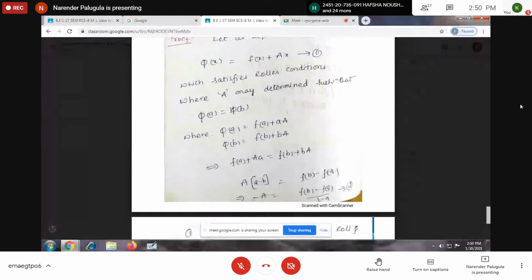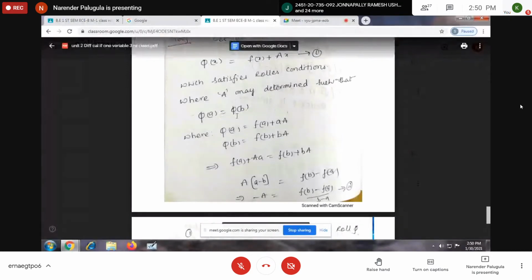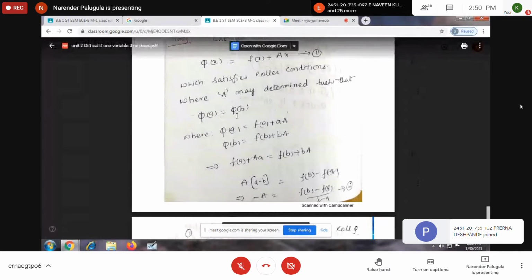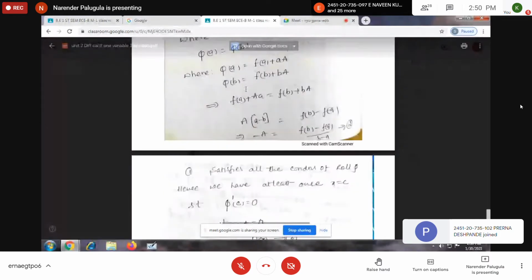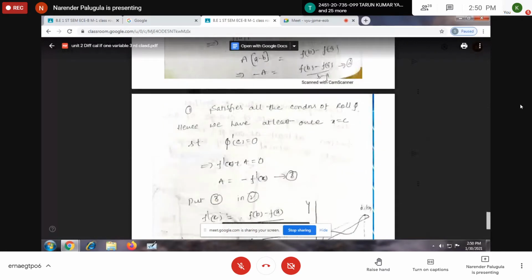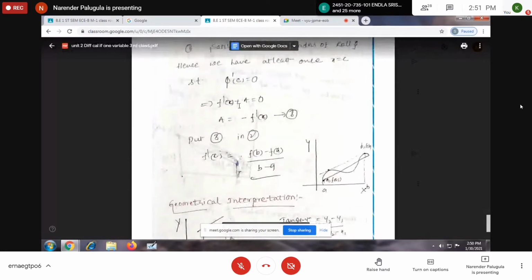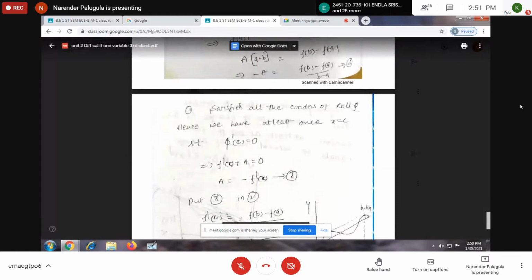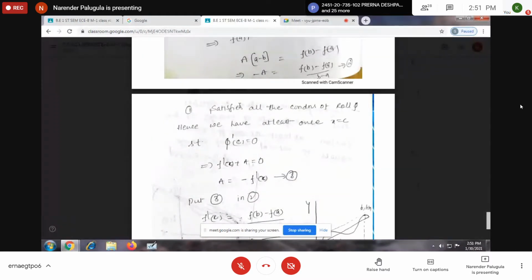Phi of a is equal to f of a plus a into capital A. Phi of b is equal to f of b plus b into capital A. Finally, equating phi of a and phi of b, we get the A value as minus of f of b minus f of a by b minus a. Now here the function phi satisfies all the conditions of Rolle's theorem, since phi is a combination of our given function f and the x function.